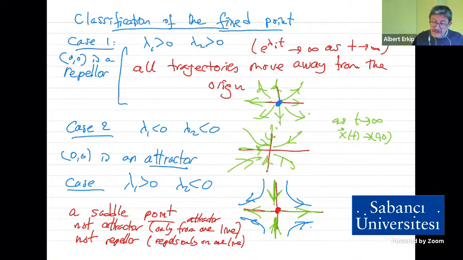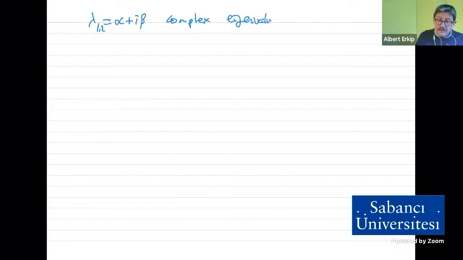So these are the things. What else do we have? We have two more. Then case 3: lambda equals alpha plus or minus beta i, where lambda 1 and 2 are complex eigenvalues. So if alpha equals 0, the trajectories were like ellipses.